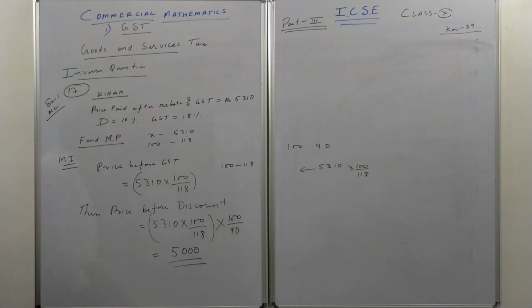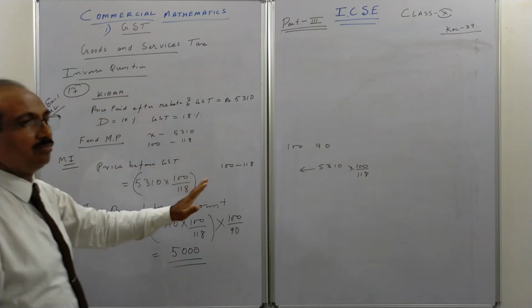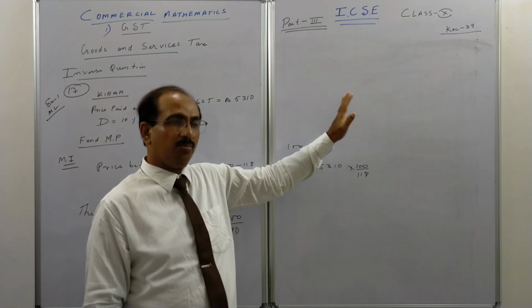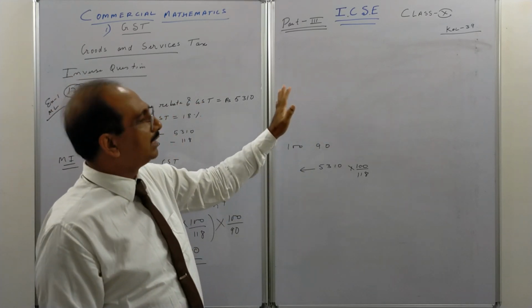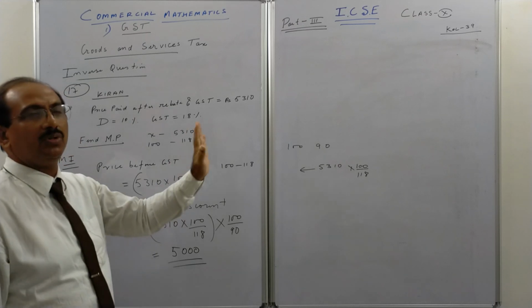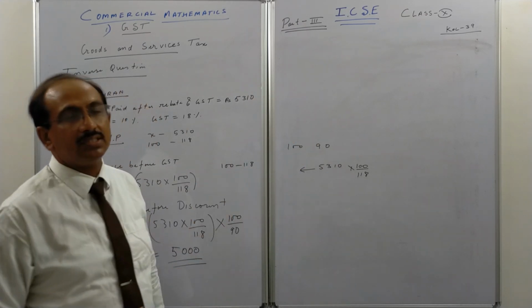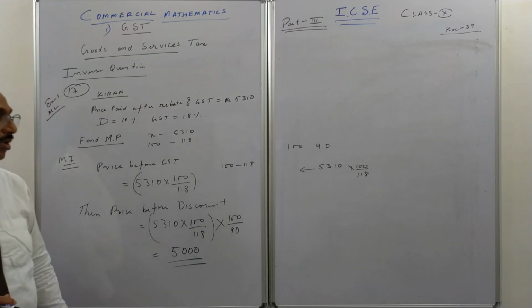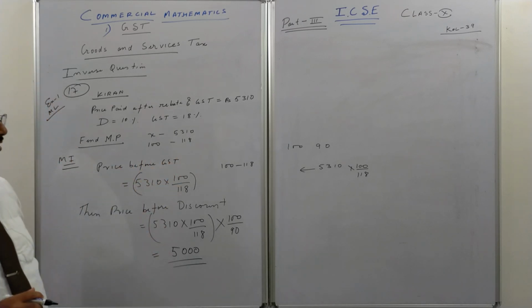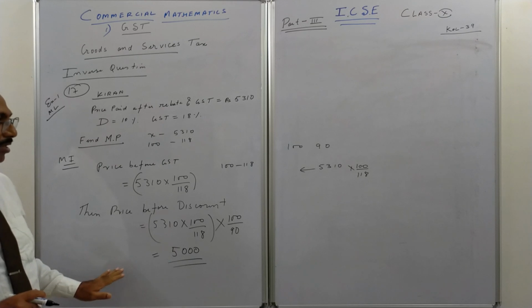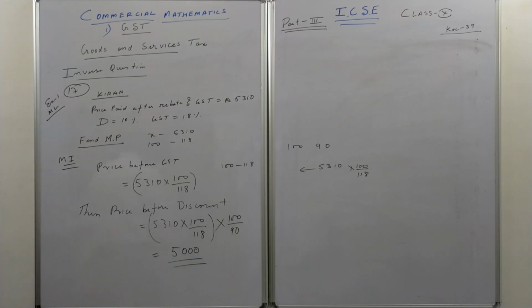And if you use the second method, X, you can see in the book we use almost the same logic, but we use X and we get the answer. You can try the second method on your own, or if I make another video, I'll try the other method. So kindly pause the video and try.